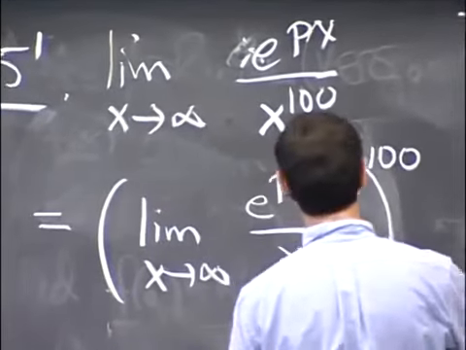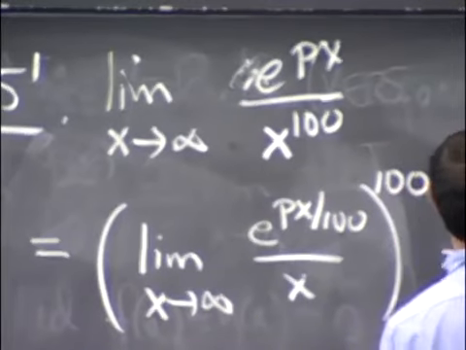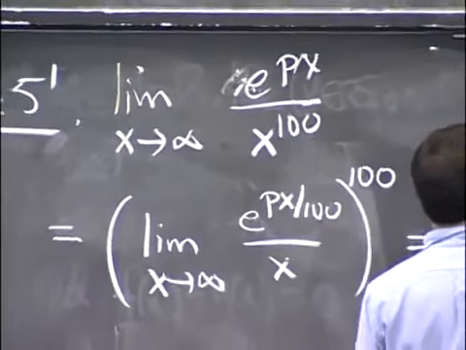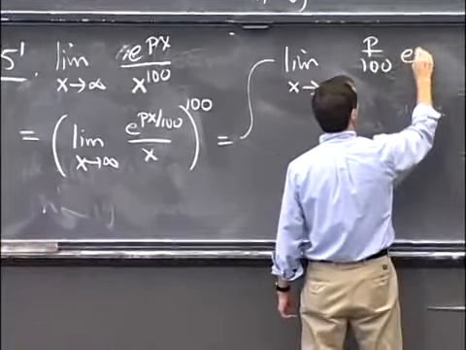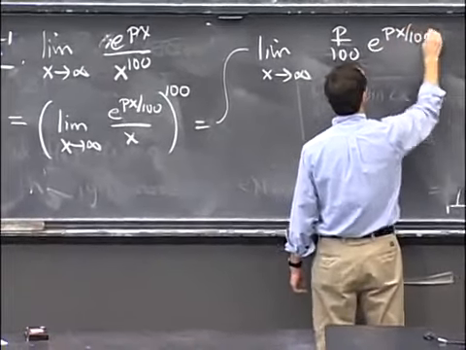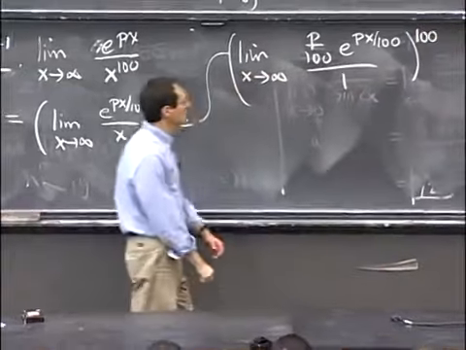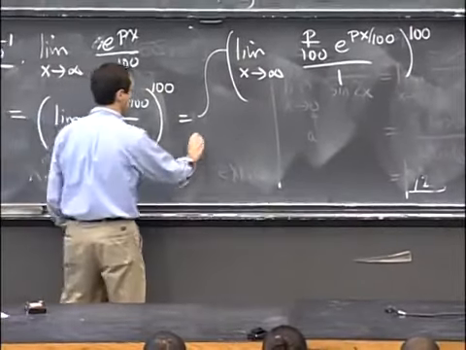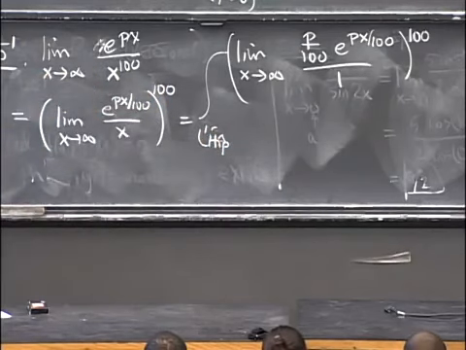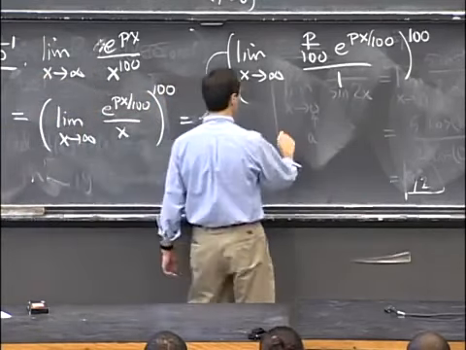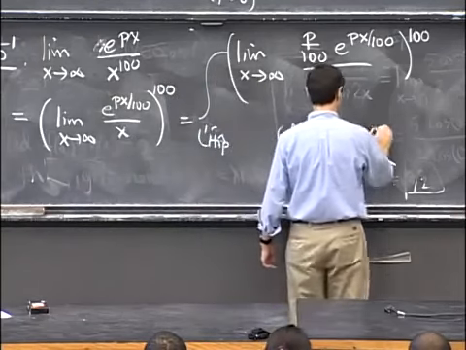And that is that this is the same as the limit as x goes to infinity of, well, it's p over 100 e to the px over 100 divided by 1, all to the 100th power. All right, that's our L'Hopital step. And of course, that's infinity over 1, to the 100th power, which is infinity.